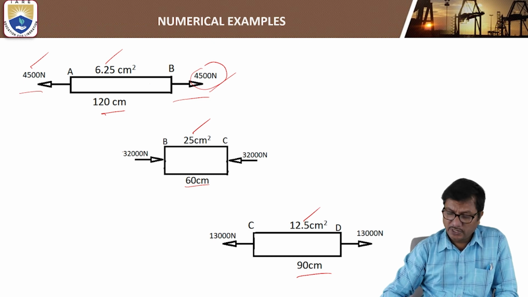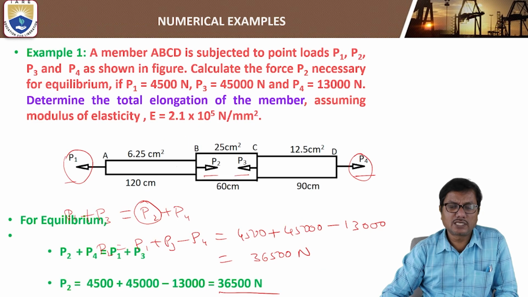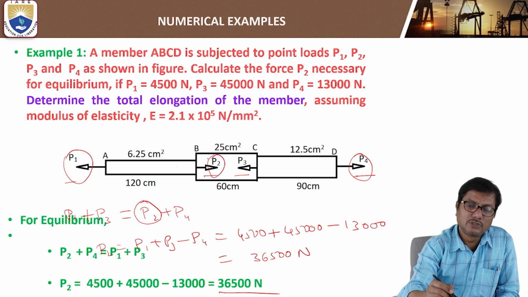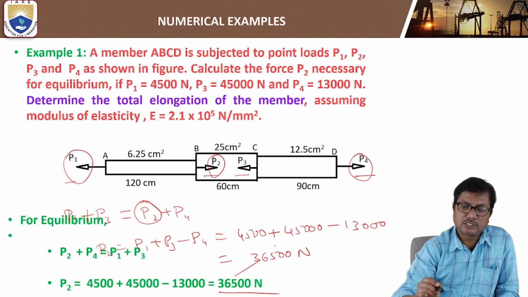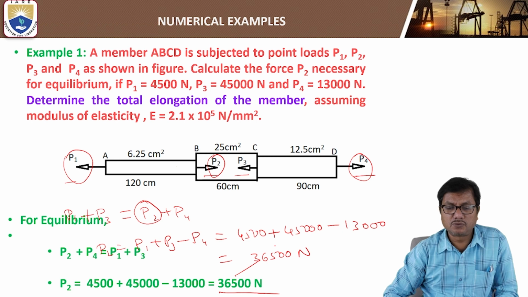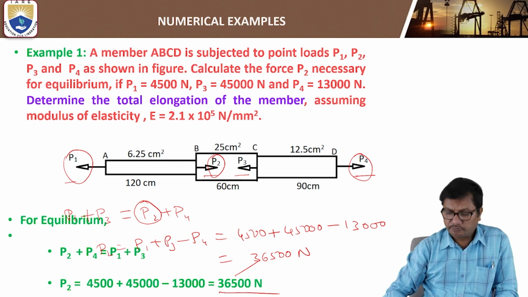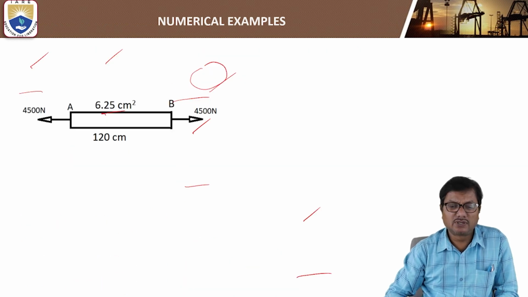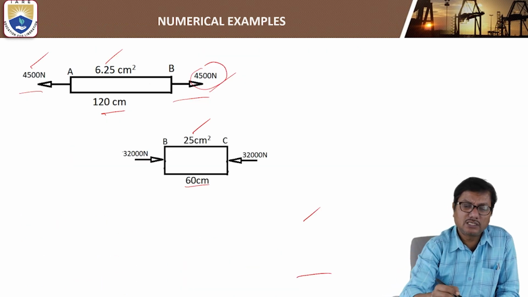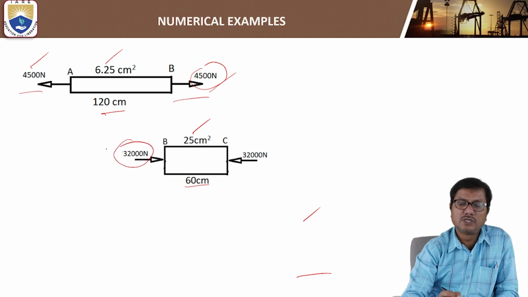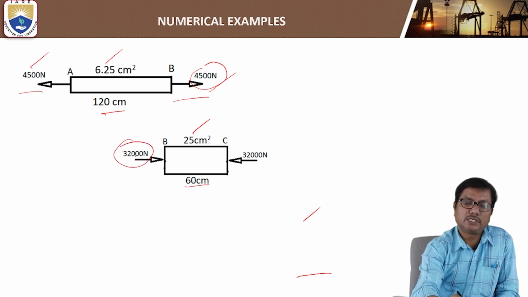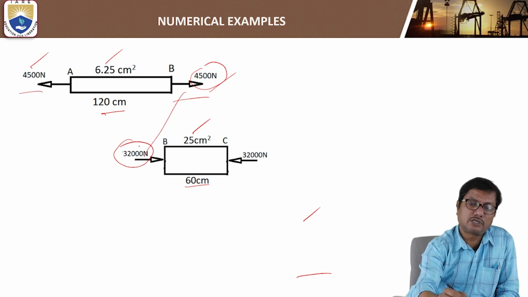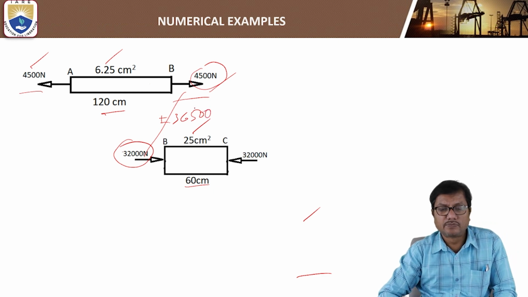But actually, the force acting at B is P2, which is 36,500. Of this, member AB takes a force of 4500 and the remaining 32,000 will be acting at B towards right, so that the sum of these two is P2, 36,500.